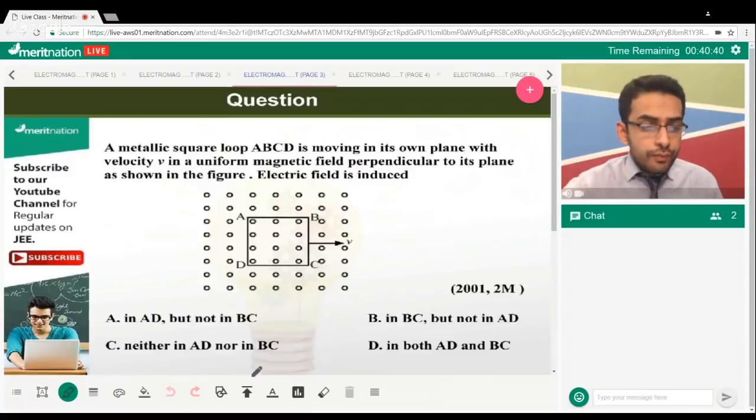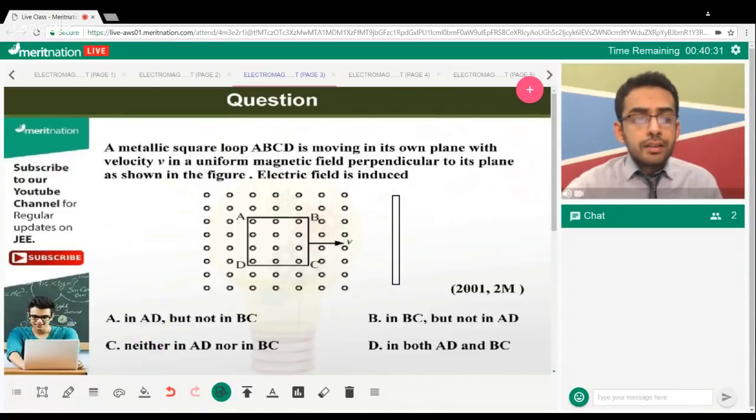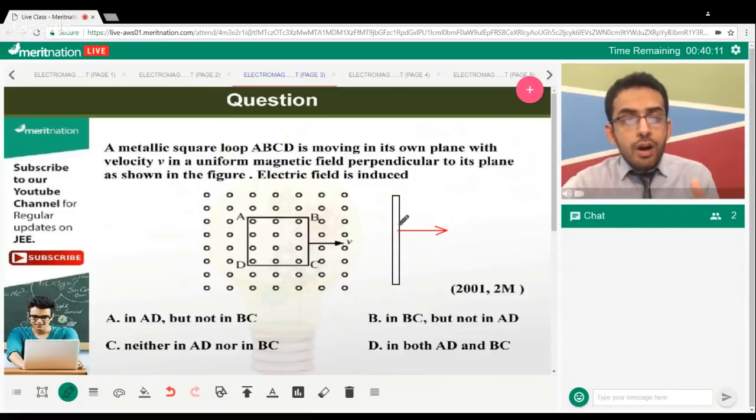In the last class we had discussed that whenever a metallic conductor moves inside a magnetic field, or cuts the magnetic field lines, there is a force on electrons. Electrons are forced to move to one of the ends, which develops a potential difference, as well as an electric field.